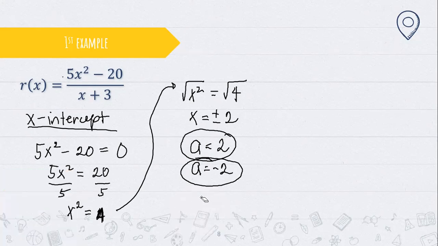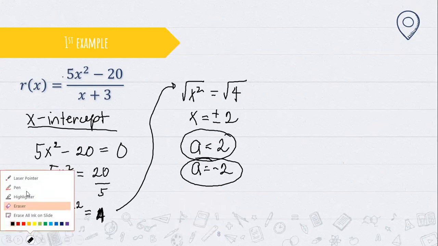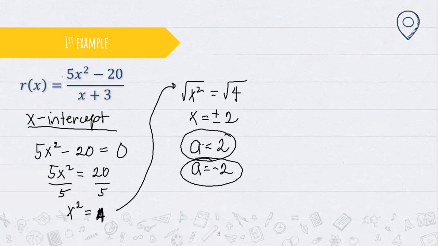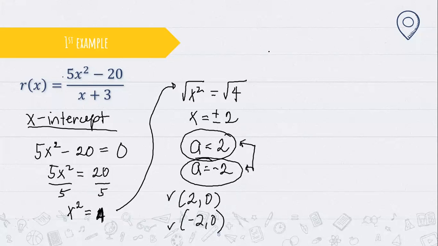Tama talaga yung kanina. Kasi nga, kung maglalagay siya sa x, wala siyang y. Joke lang. Tama lang. Kasi nga x. So, sa 2. So, 2, 0 and negative 2, 0. Anyway, hindi naman siya need. Ito yung kailangan natin. Ito yung tama, class ha. Sorry. Tama na yung kanina eh. Naguluhan ako.